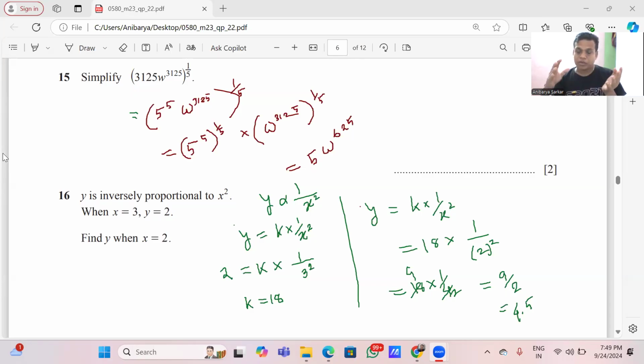Tell me your view in the comments: do we solve this in two parts or in one part? If we solve in two parts, the time duration is low. And if we solve this in one part, then there is a huge video and the time is so long.